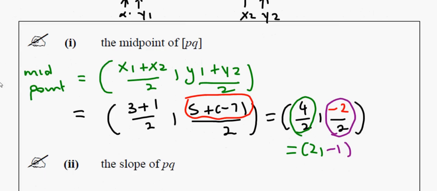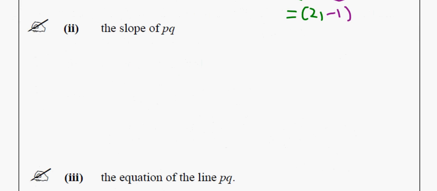Okay, the slope of PQ. Now the slope formula is y2 minus y1 divided by x2 minus x1.